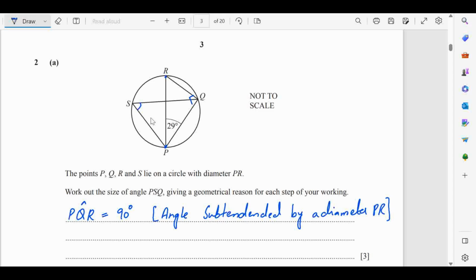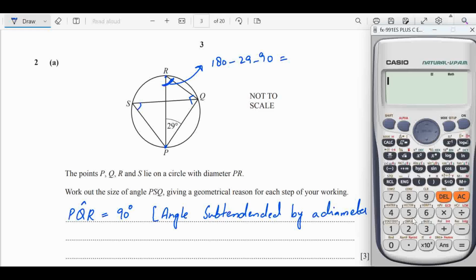Now let's see the other one. In triangle PQR, this angle will be equal to 180 minus 29 minus 90. So this will be equal to 61.